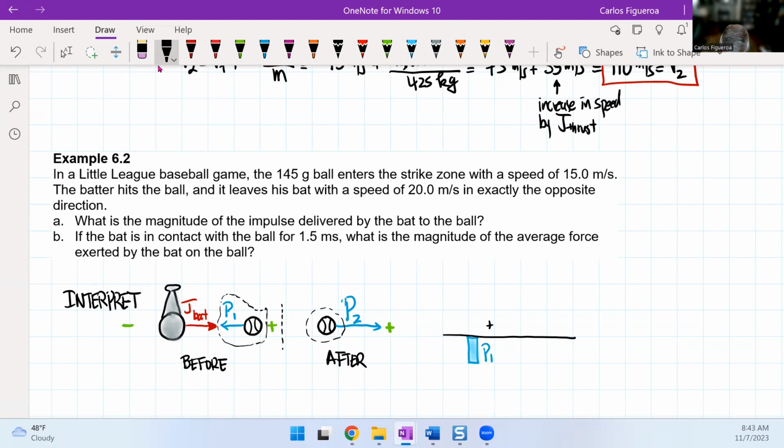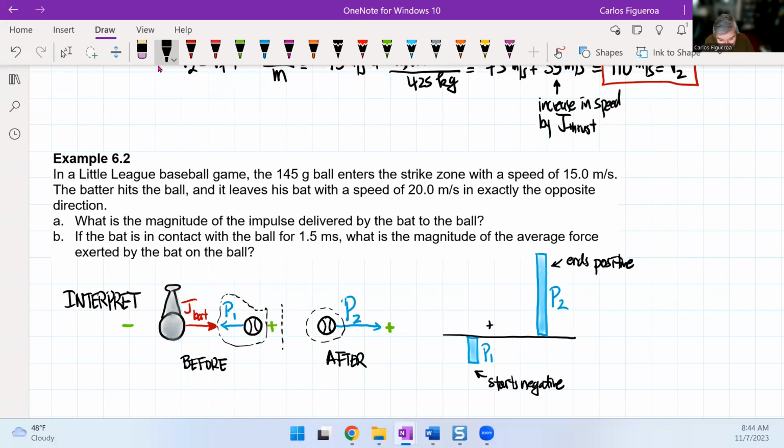Note that the ball is now moving to the right, so it has to be positive. So let's say that the ball now has this much momentum, P2. The key thing here is that the momentum starts in the negative direction, and now it ends in the positive direction.